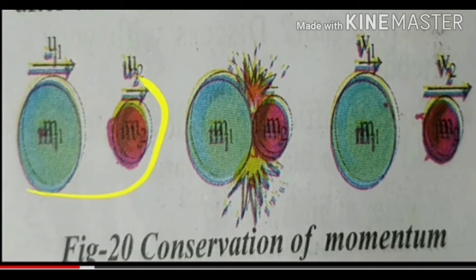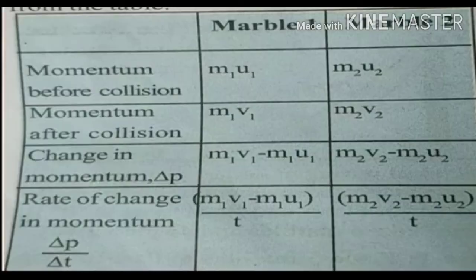Then we have to calculate the momentum of these marbles before and after the collision. Here is a slide showing in a table the momentum of the marbles before and after the collision. Before the collision, the momentum of marble 1 is m1 u1, and for marble 2 it is m2 u2.